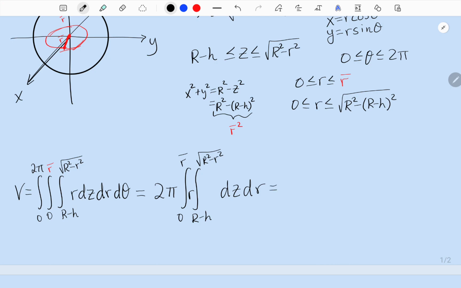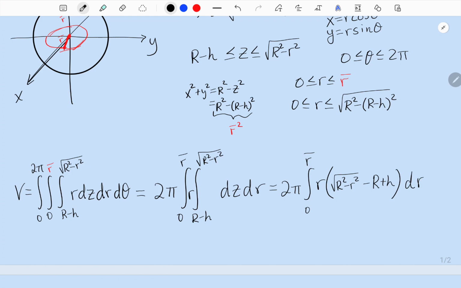So then this is equal to 2 pi times the integral from 0 to r bar of r, and then the square root of R squared minus r squared minus R, plus h, because minus negative h. So this is what I have, dr.